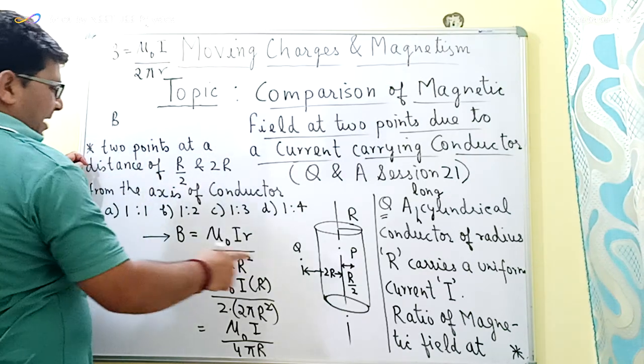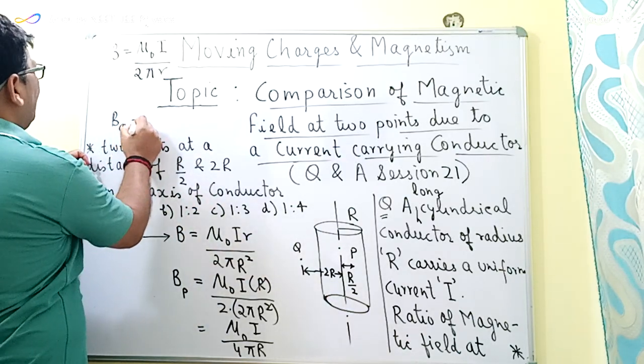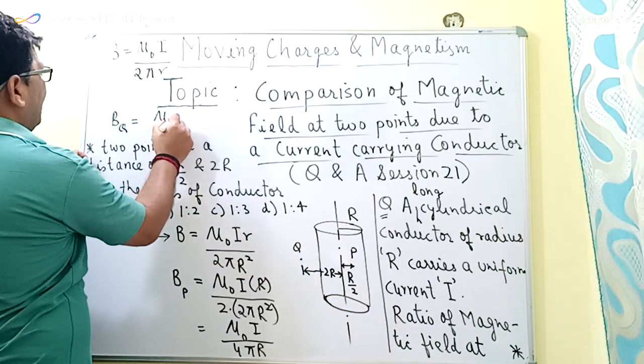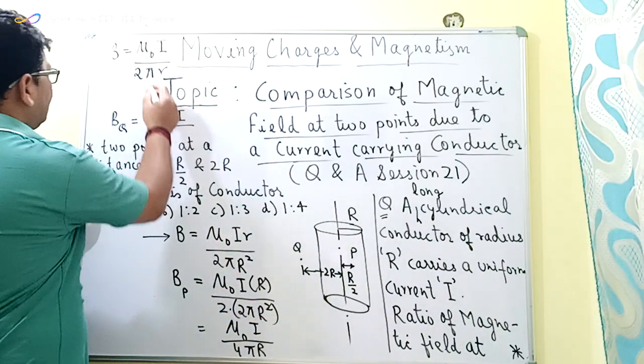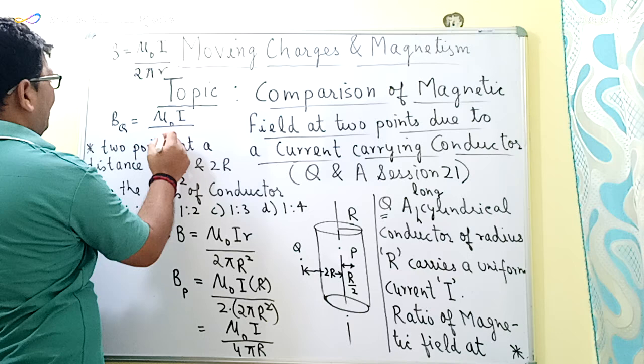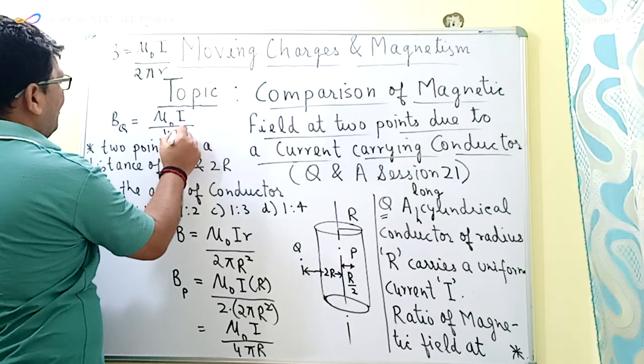I am just denoting the magnetic field at the point Q as BQ. So this will be equal to mu naught I, and here I replace r by 2r, so we get 2 pi into 2r, that is equal to 4 pi r.